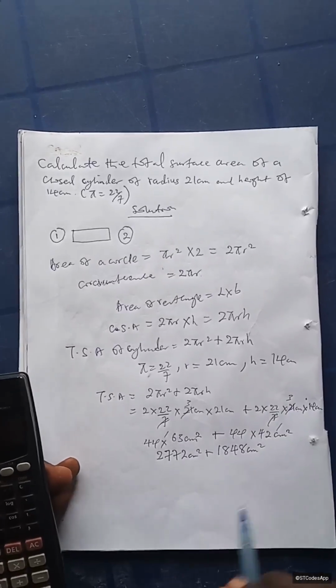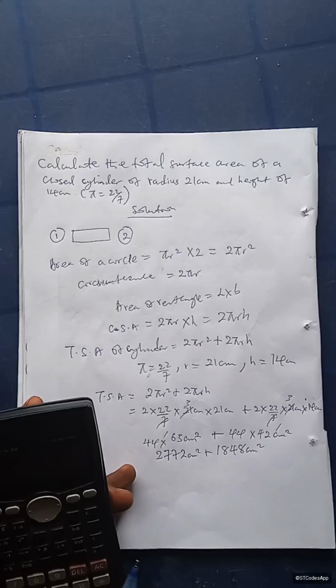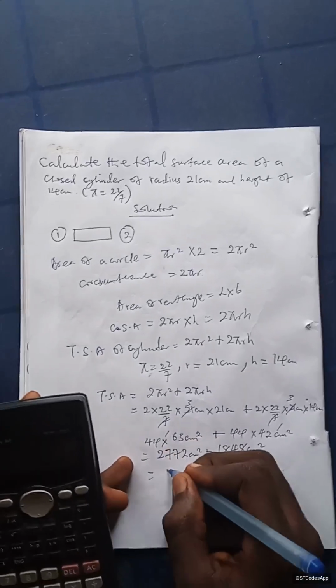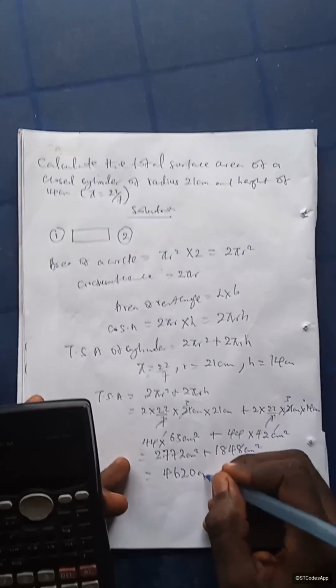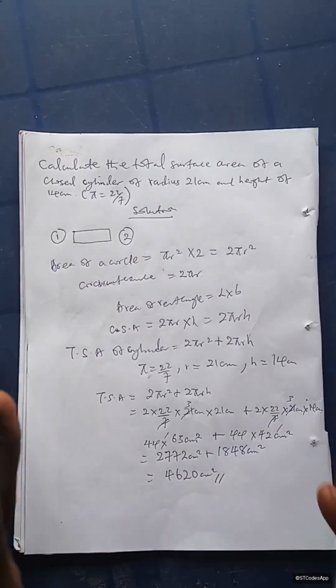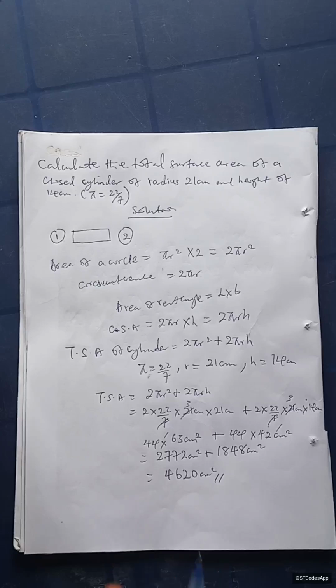If you add these two things together, everything amounts to a total of 4,620 centimeters squared. And that is the total surface area of this closed cylinder at both ends.